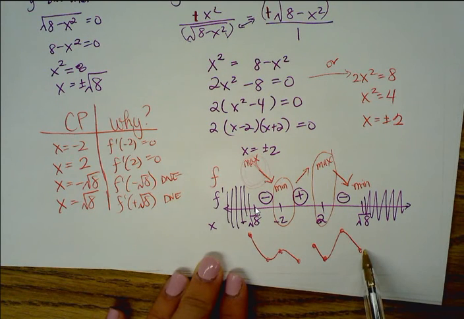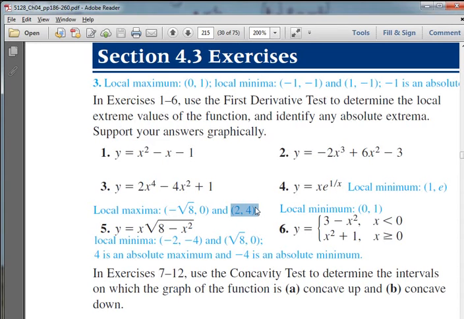Okay, the points. So at negative root 8, the y output is 0, and then it goes down to negative 4, and then it goes up to 4, and then it goes up to 0. Okay, let me write that down here.